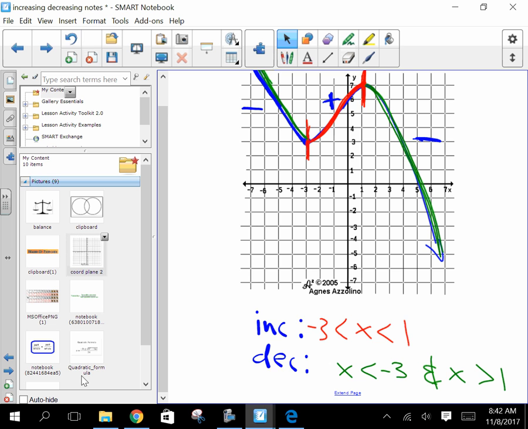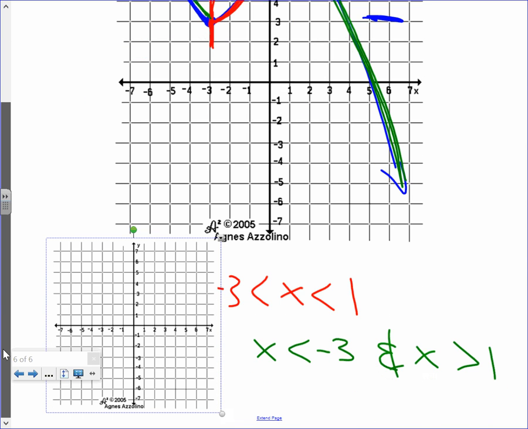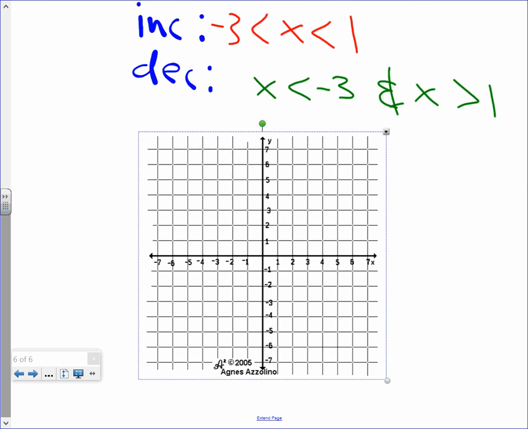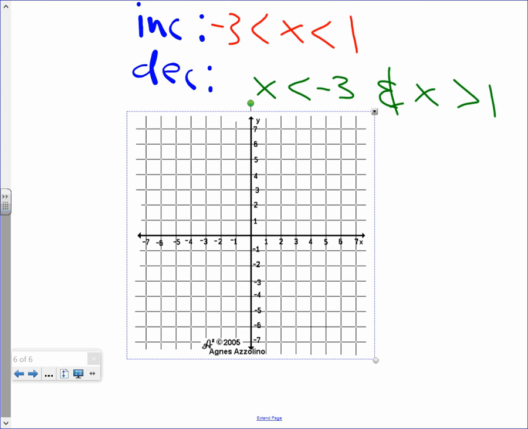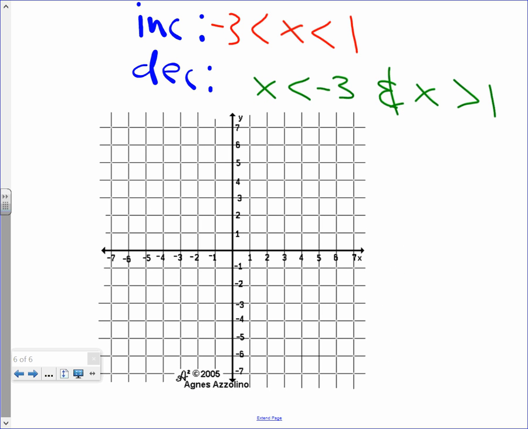Give me another x and y axis, por favor. Two more quick ones. Go ahead and plot a point at 3, 2.